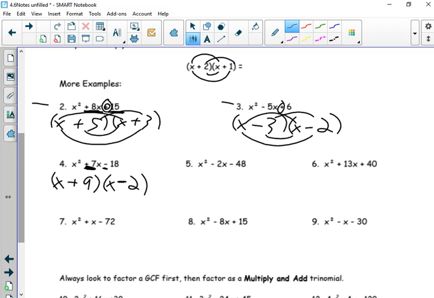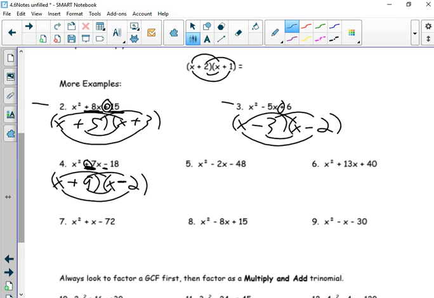And here's how easy it is. X squared, obviously. Minus 2 plus 9 plus 7. Oh, I'm good to go. Negative 18. The most common mistake with factoring when the last number is negative is x minus 9, x plus 2. See it all the time, even in algebra 2.